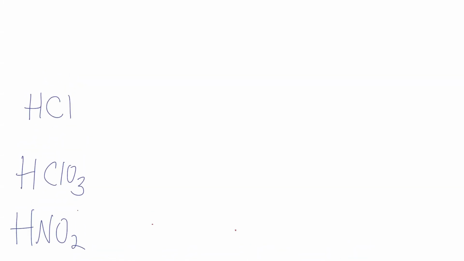Okay, HCl. Simple example of a binary acid. Hydrogen and one other element. That's it. What is the general structure of a name of a binary acid?